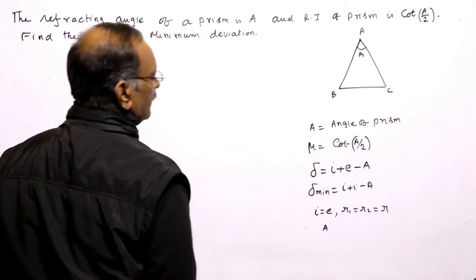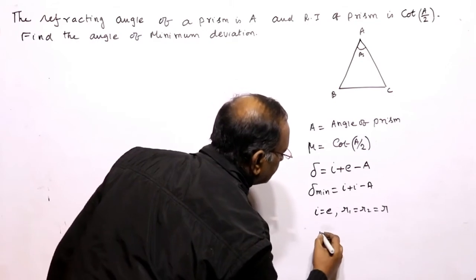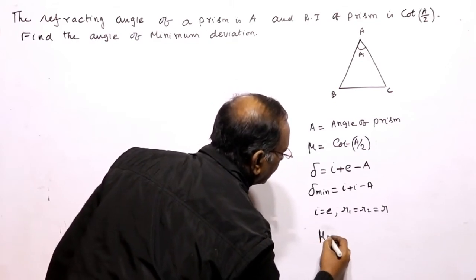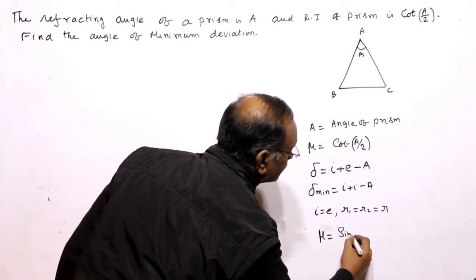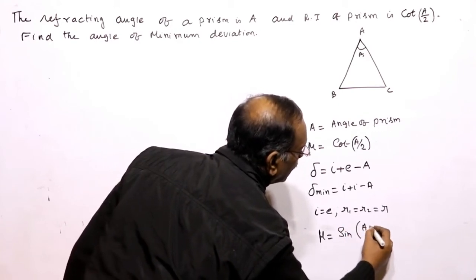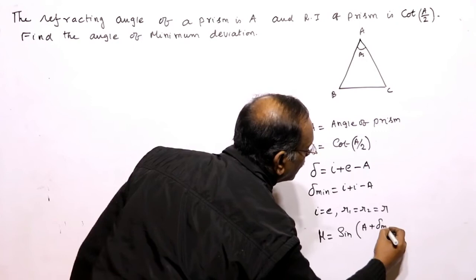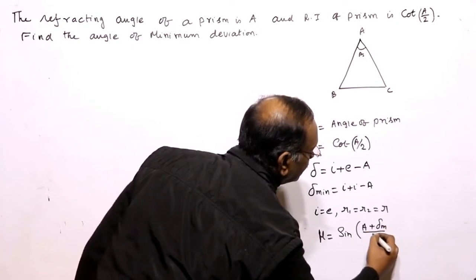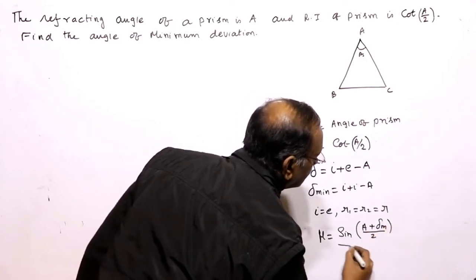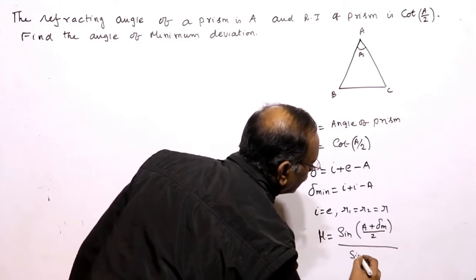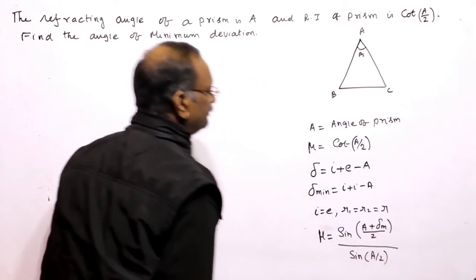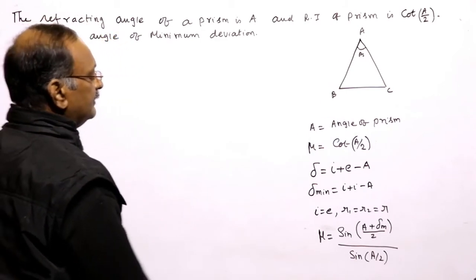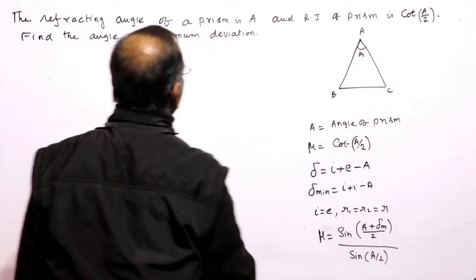Or we can write it as the refractive index of the material for minimum deviation is equal to sine of the angle of prism plus the angle of minimum deviation, divided by 2, whole divided by sine of the angle of prism divided by 2. As it is given, mu is equal to cot A by 2.